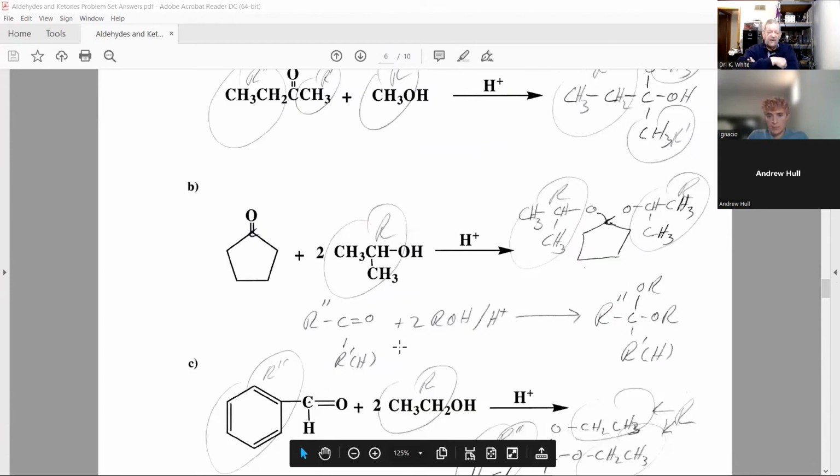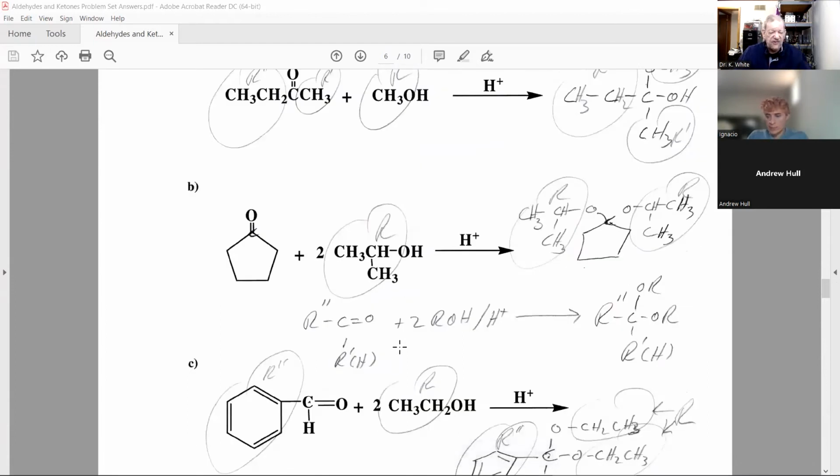Now let's look at B. For some reason, students get troubled with cyclic ketones. Look at the ring. What's different? Oxygen, double bond to carbon, carbons here and here. It's a ketone, where R prime and R double prime are bonded together. Two of something. That's unusual.